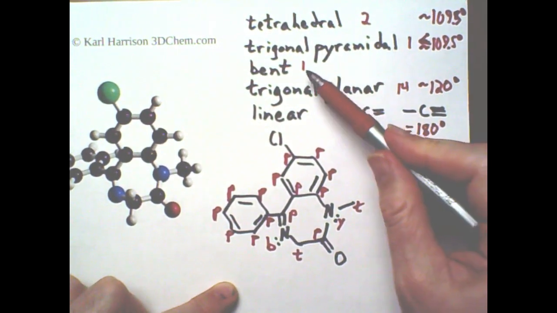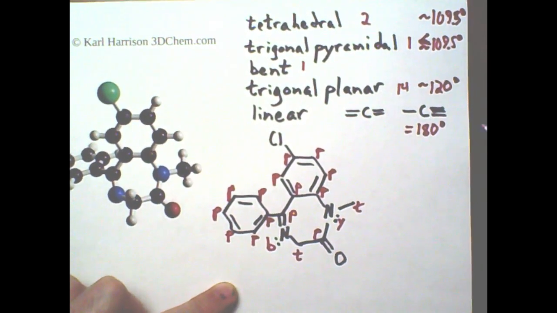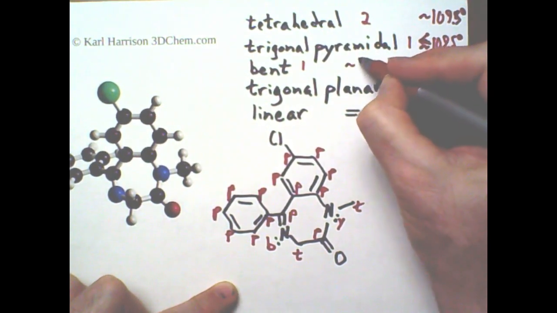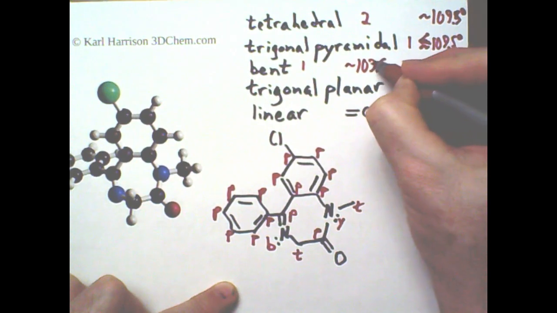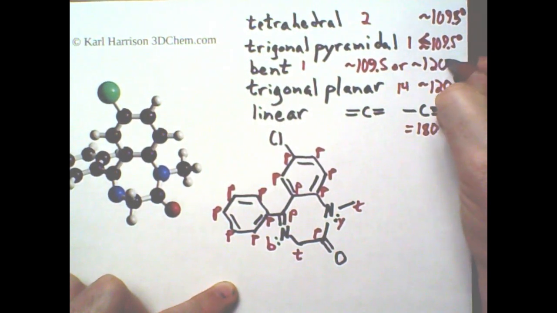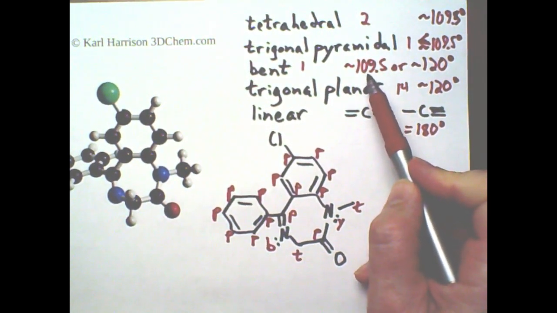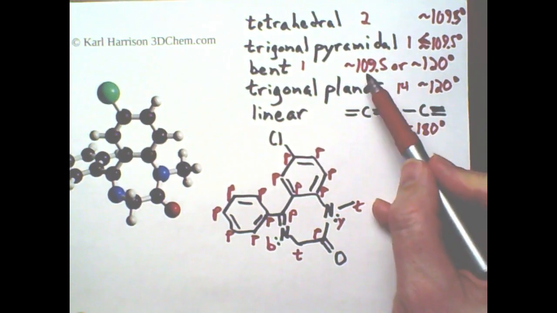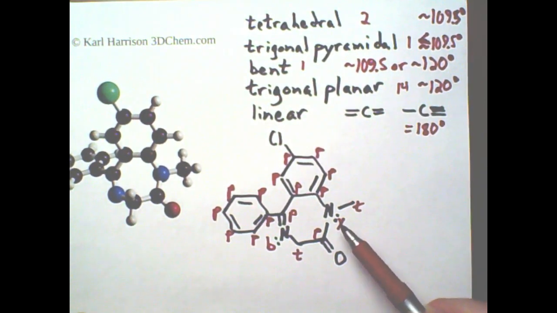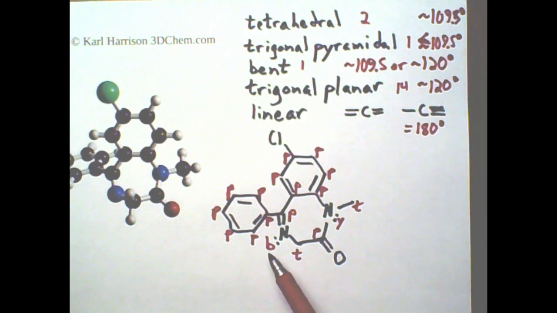And bent can come from trigonal pyramidal or trigonal planar depending on how many lone pairs of electrons there are. So it's either going to be about 109.5 or about 120. You'll see, and we have one of each here. Oh, no, we've just got ones that are about 120 in this molecule.